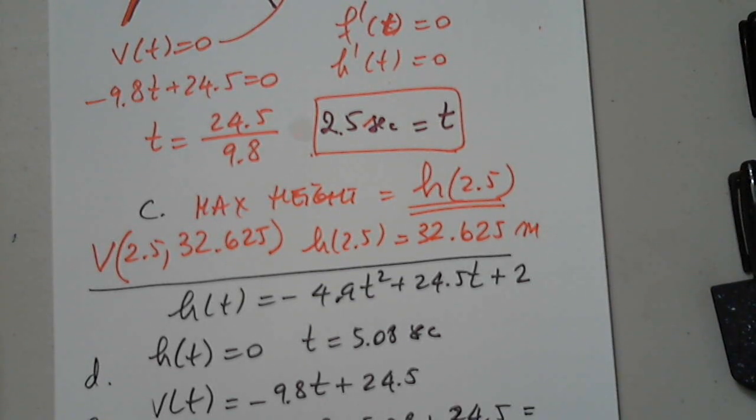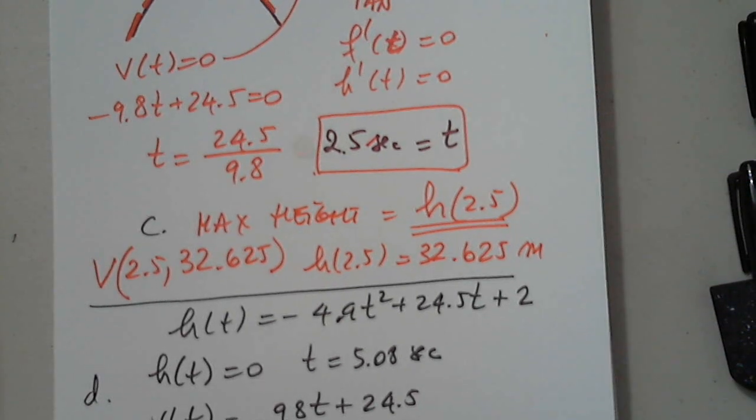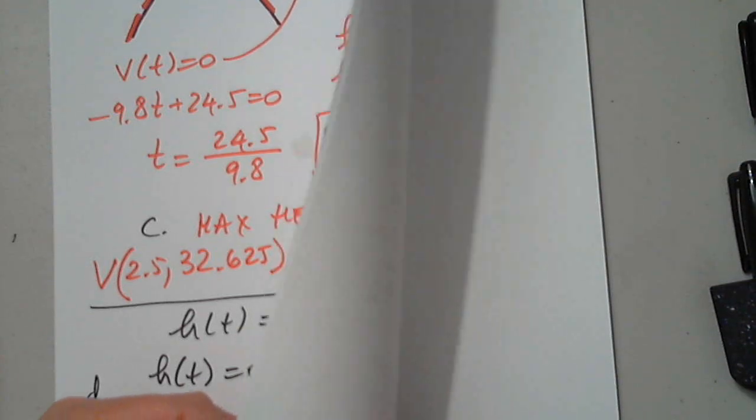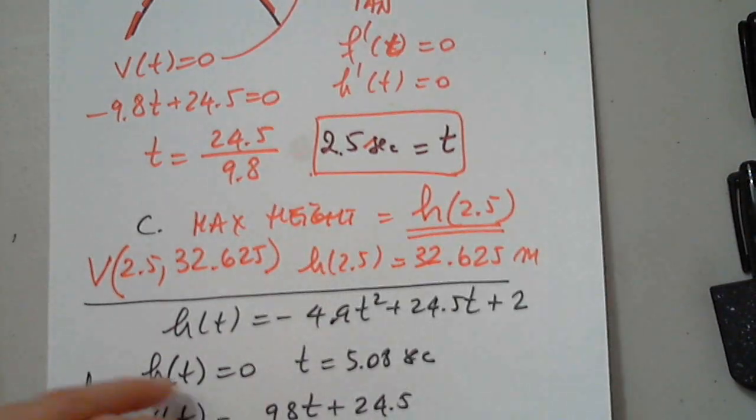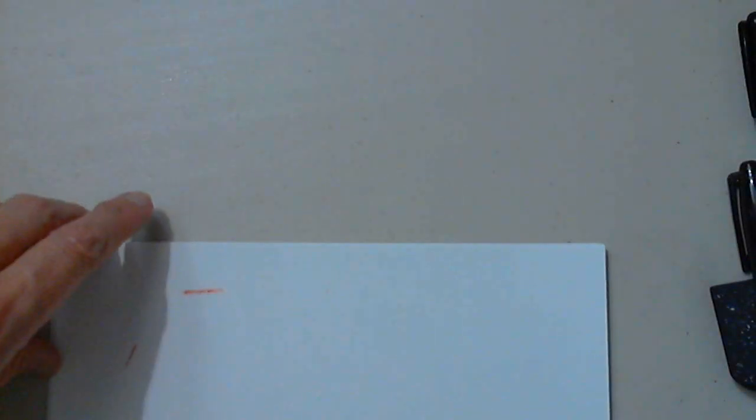Okay, so we have several situations here, and let's choose one. Maybe we should start with number 1. They're all different functions, but they all apply the same steps. Okay, I am on page 12.